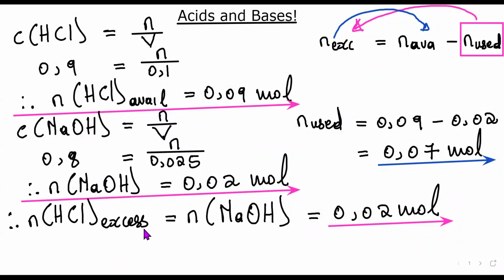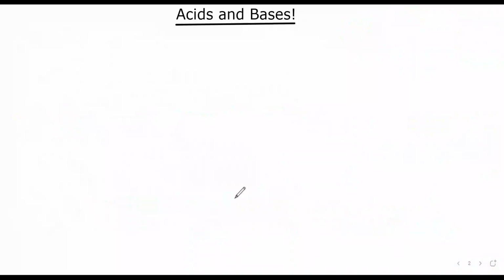However, you need to be very, very careful, because according to the mole ratio, that's not the number of moles for the metal carbonate. This is what we need for hydrochloric acid, but it's not what we need for the metal carbonate. Why?